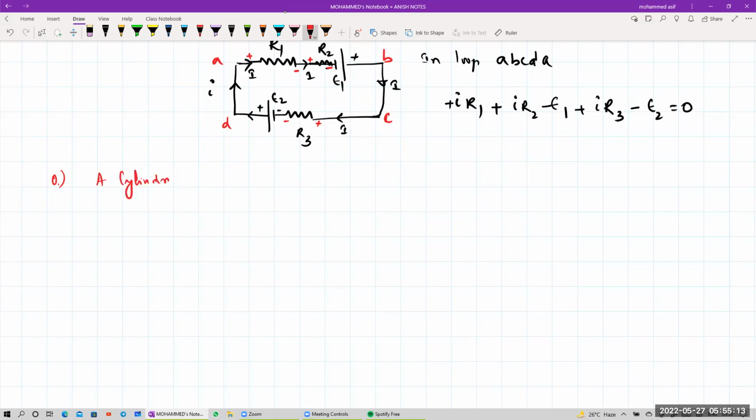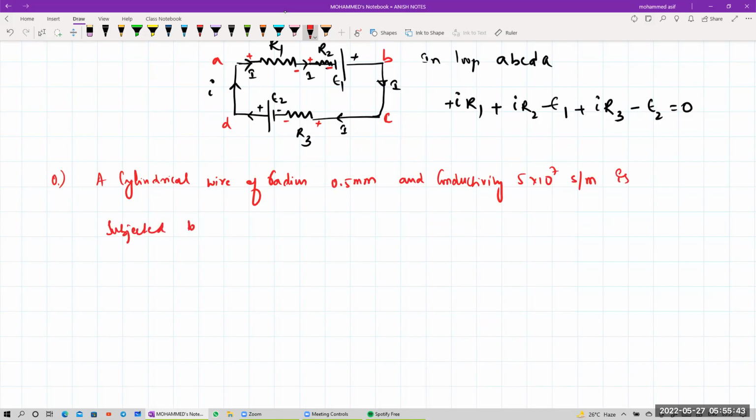A cylindrical wire of radius 0.5 mm, and conductivity 5 into 10 to the power of 7 Siemens per meter, is subjected to an electric field of 10 millivolt per meter.